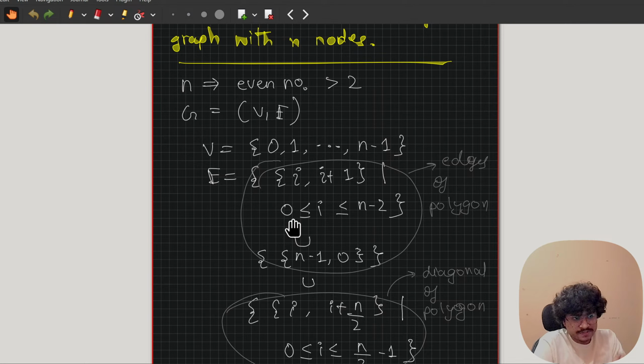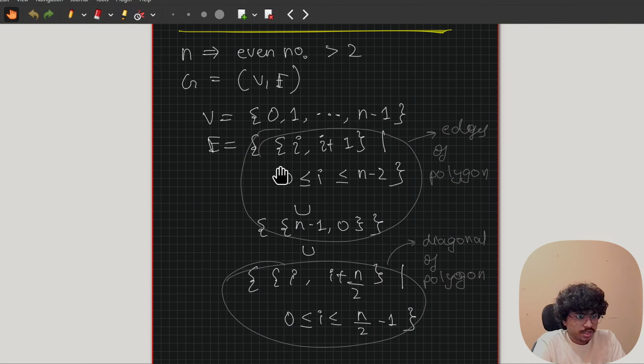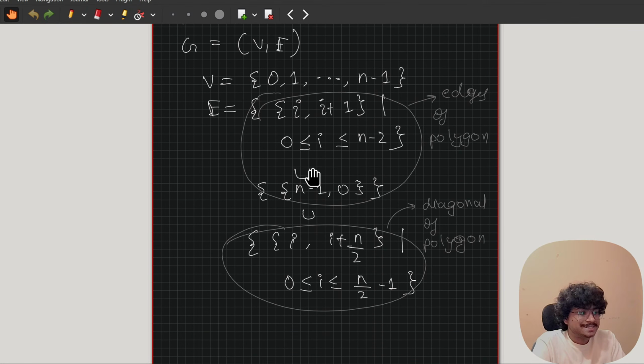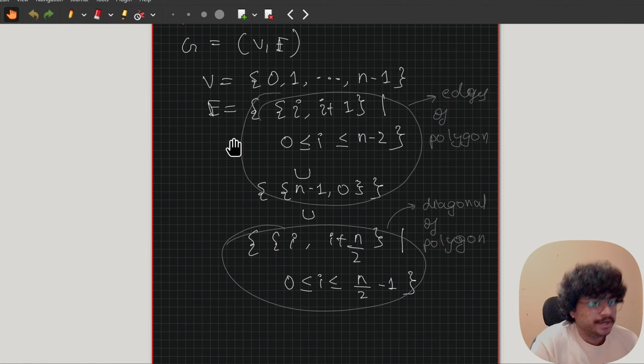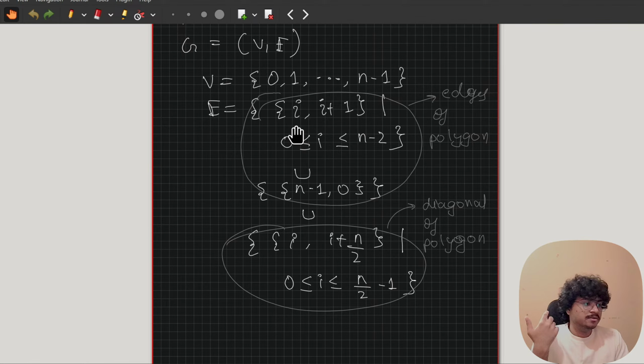The solution gave us this very interesting set of edges, and how this set was constructed is with three different sets, the union of these three different sets.